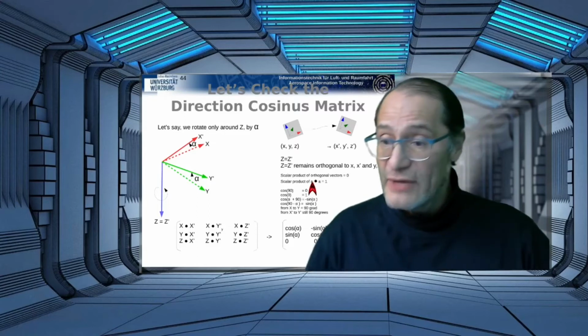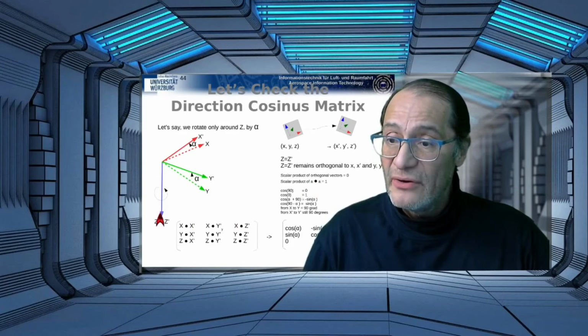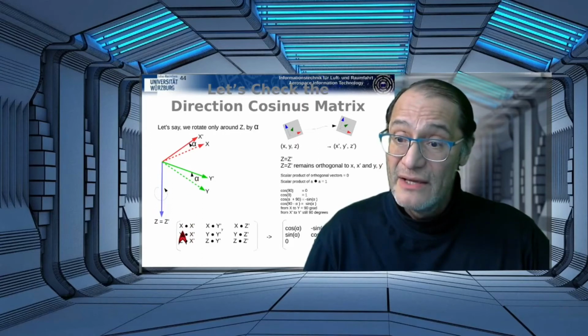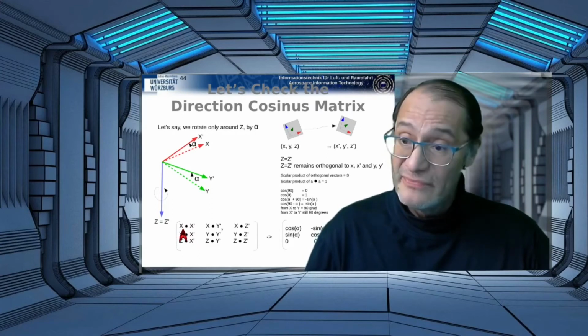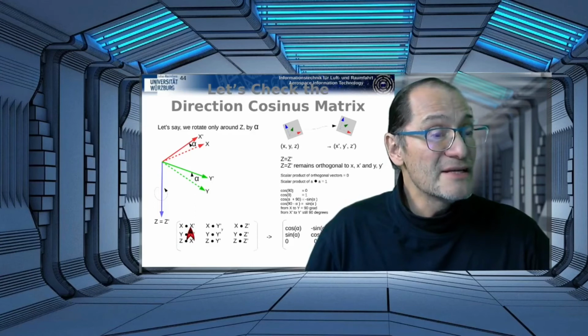Then we are going to try. Let's assume we have rotated by alpha only on z. So x times x will be the cosinus of alpha. Do you remember? If you multiply two vectors using the scalar product, the result is the cosinus.